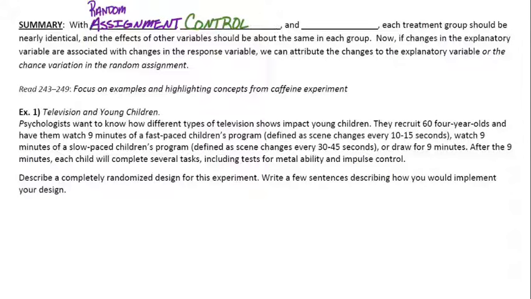So the only thing that we're changing is actually the treatment. And the third one is replication, which means if our experiment's good, we can perform it on a lot of individuals, a lot of subjects, and somebody can take our results or our directions, our study, and do it on a different group of people somewhere else. So that means they could replicate our experiment.